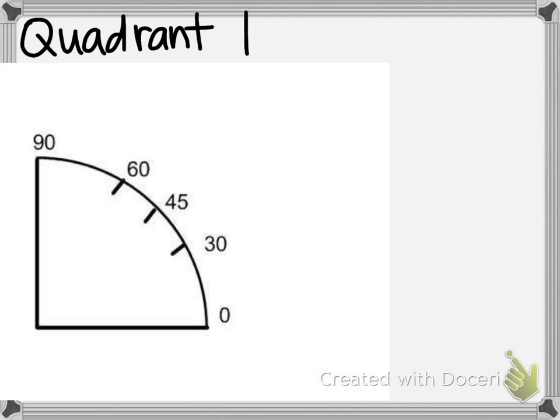So to investigate this a little bit further, we're just going to look at quadrant 1 only. If you look at this picture, this is just an excerpt taken from the unit circle from quadrant 1, just to focus there. So if I first consider 30 degrees, I can make this triangle.